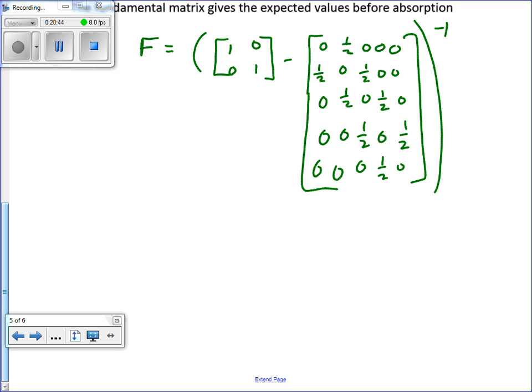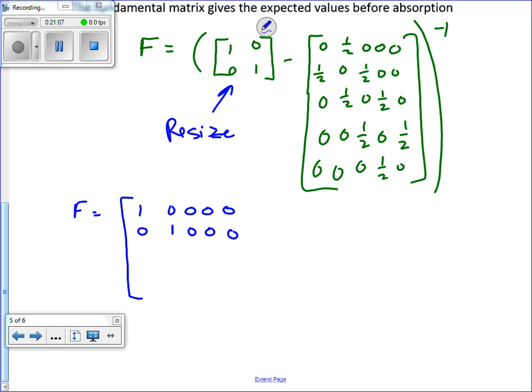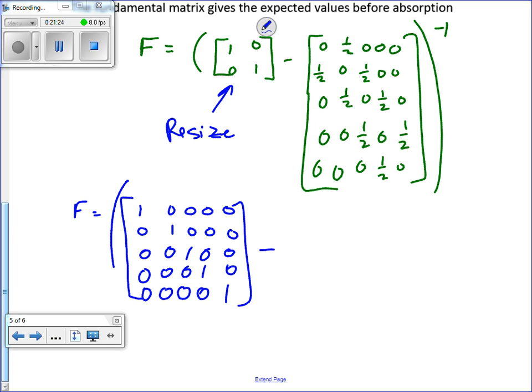So we're going to resize our identity matrix so that it's the same size as Q. Our Q is a 5 by 5, so we want our identity to be a 5 by 5. So I'm going to rewrite that. An identity matrix just has a diagonal filled with 1s, and the rest are going to be zeros. So now I have a 5 by 5 minus Q.